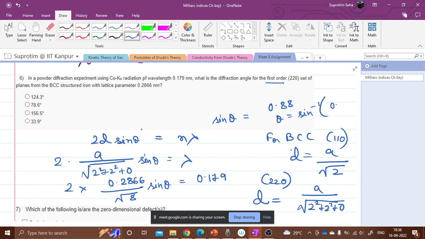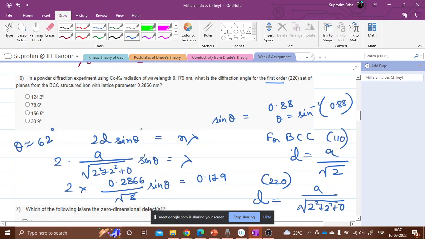Theta equals sin inverse 0.88, which is 62.03, times 2, that would be around 124. So theta comes out to be 62.